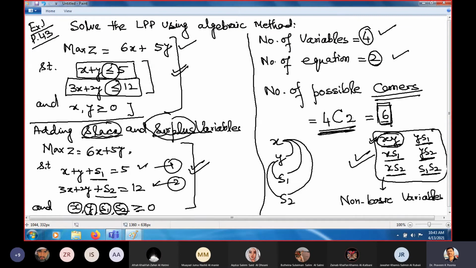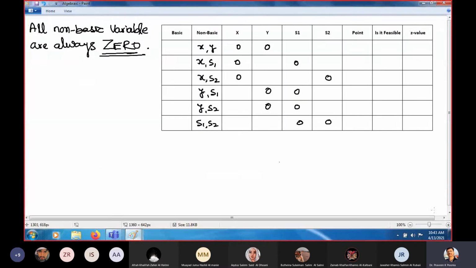How many possible non-basic solutions? 1, 2, 3, 4, 5, and 6. These are the 6 non-basic solutions. And my dear friends, non-basic variables are always 0.